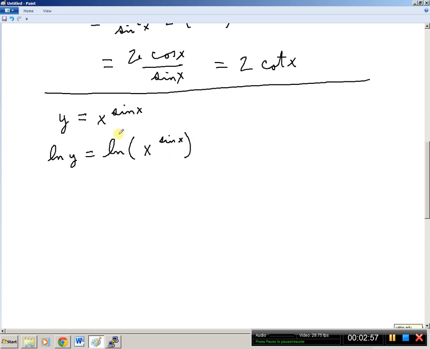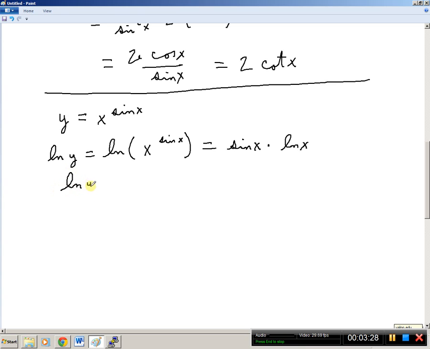But the beauty of doing the log here is that logs play very well with exponents, and so this right-hand side is just going to be the sine of x times the log of x, because the log of any exponential expression makes the exponent come tumbling down as a multiplier. And so we end up with that sine of x on the outside times what's left is just log of x.